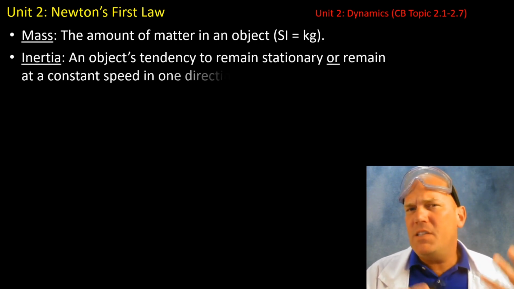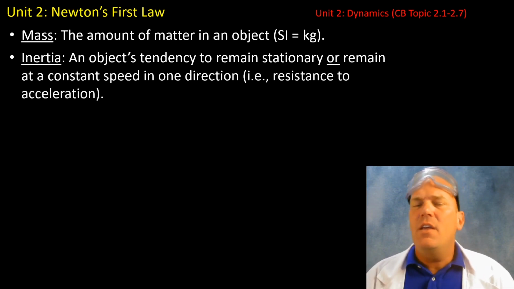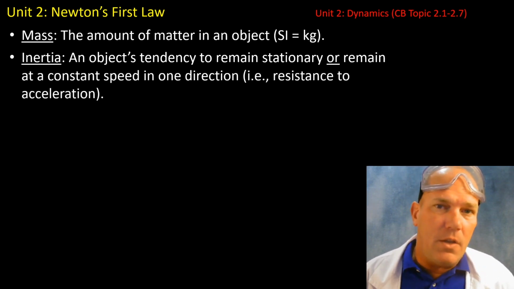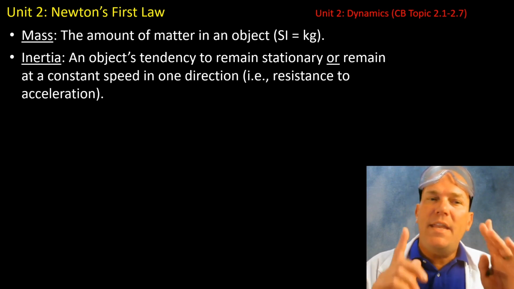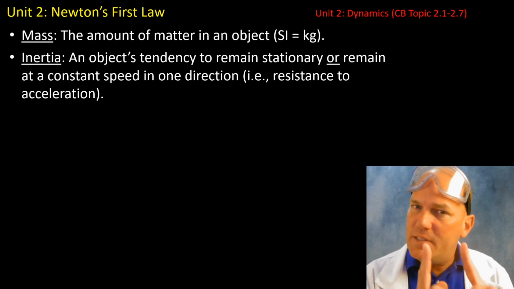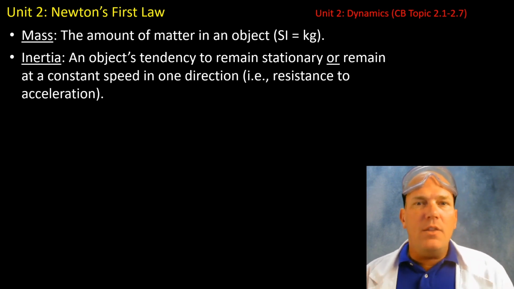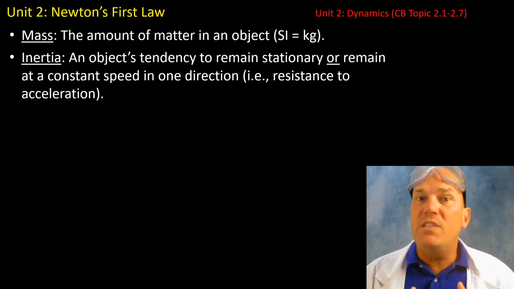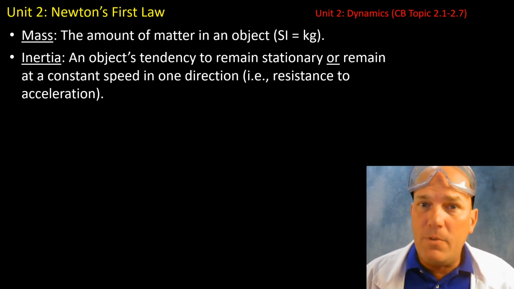Inertia, however, is an object's tendency to either remain stationary or remain at a constant speed in the same direction. In other words, this is an object's resistance to acceleration.